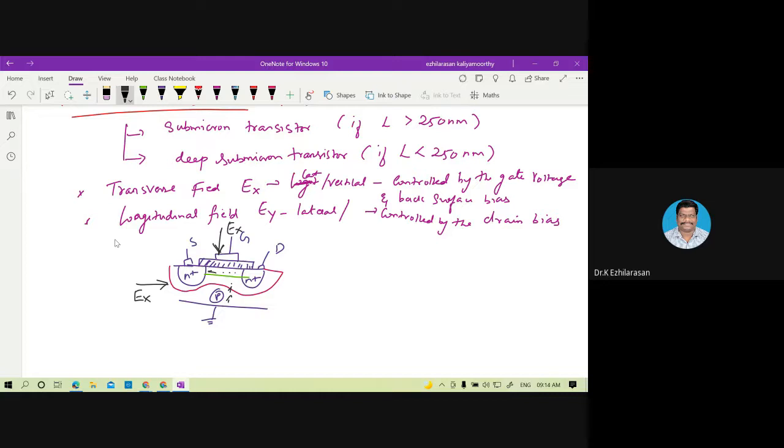So this will be your EX, and this will be your EY, the lateral field, which I sometimes call E lateral. This I will call E vertical. These two terms we will discuss later for each and every second-order effect.